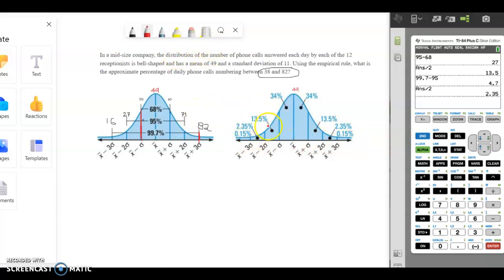What we are interested in is this guy, which is our 38, between this guy. So this was our 38 up here, and that was conveniently the number listed in the problem up there, and 82.